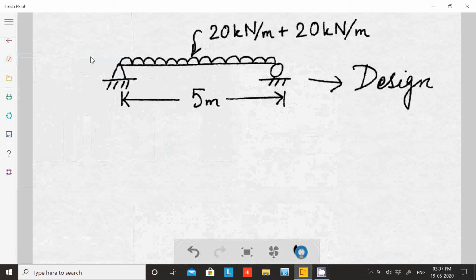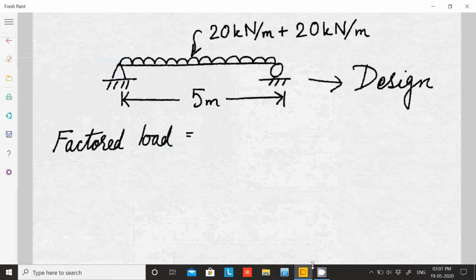Now when I talk about design, we have to take factored load. So let us factor it. We take a factor of 1.5, then you multiply 20 plus 20, dead load plus live load.